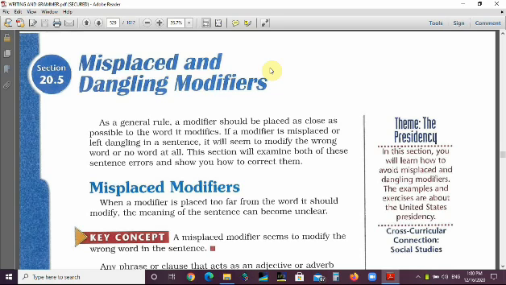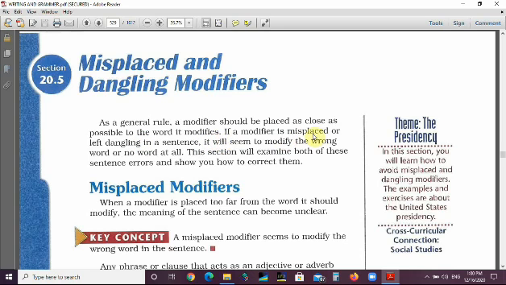Today's lesson is Grammar, chapter 20, Misplaced and Dangling Modifiers. As you know, any modifier should be as close as possible to the noun it modifies. As a general rule, a modifier should be placed as close as possible to the word it modifies.